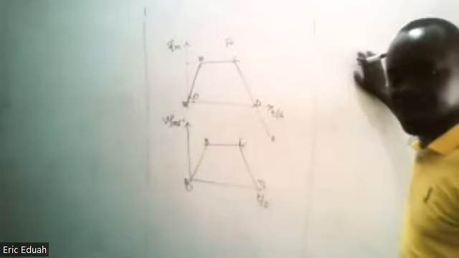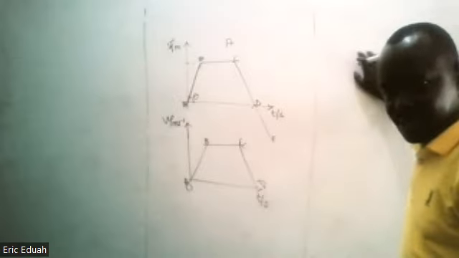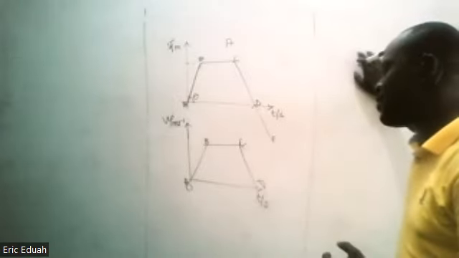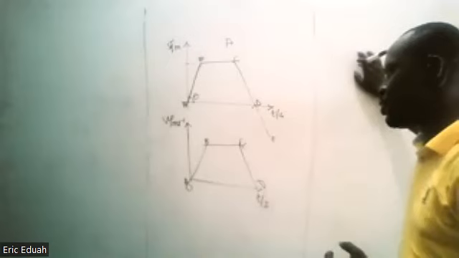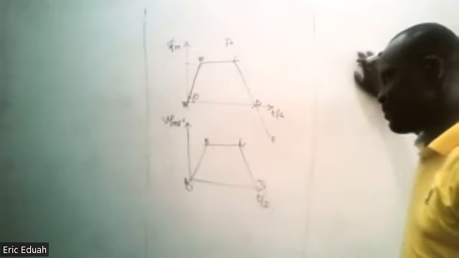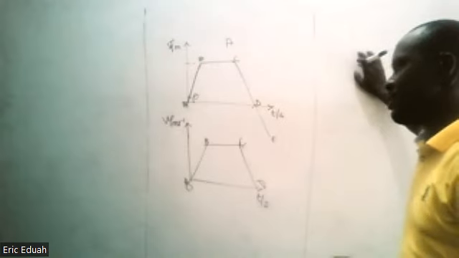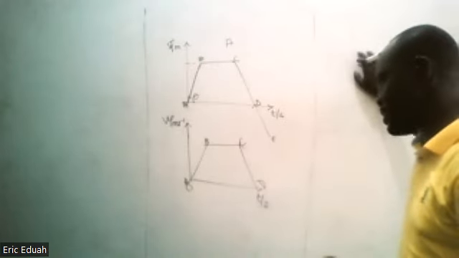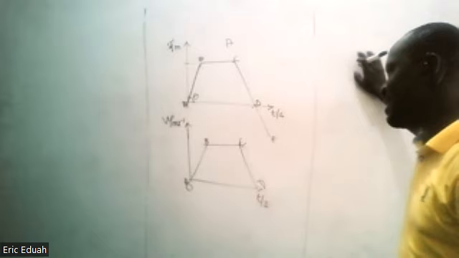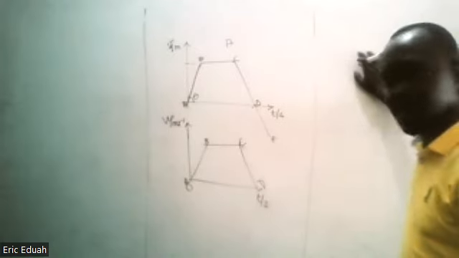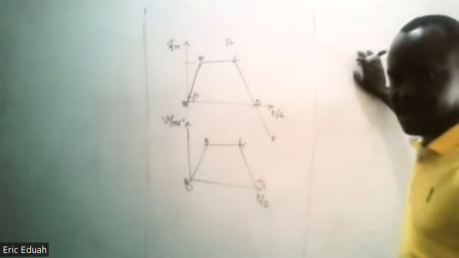So A to B, the body starts from rest, then accelerates uniformly to a point B, then maintains the speed from B to C, then decelerates uniformly to rest.